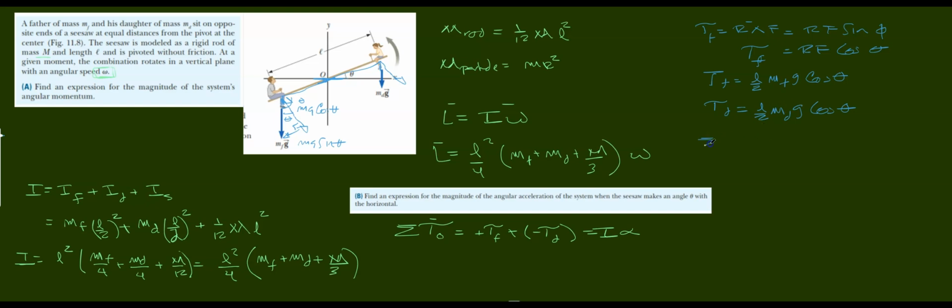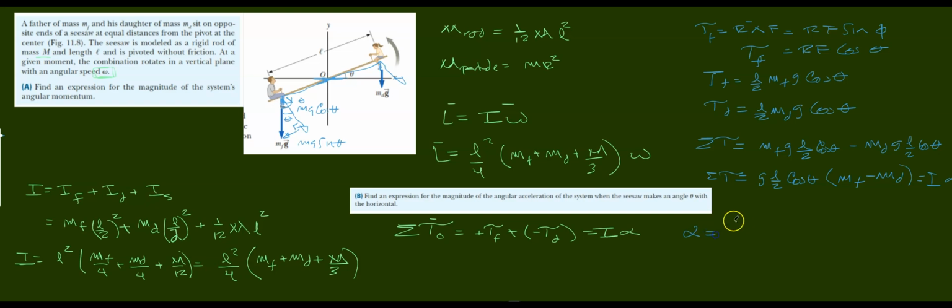So the net torque then is m father g L over 2 cosine of theta minus mass of the daughter g L over 2 cosine of theta, or g L over 2 cosine of theta times (mass of the father minus mass of the daughter). That's the net torque, and that's I alpha.